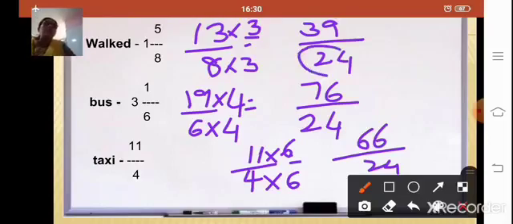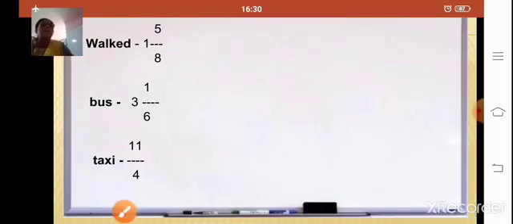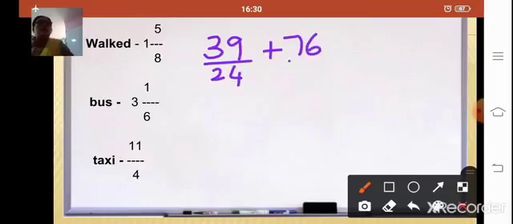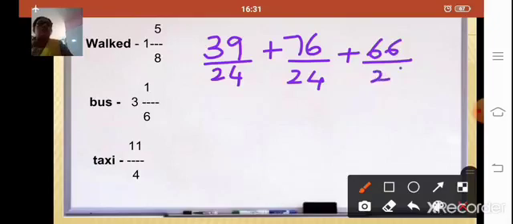Now all the denominators are the same, 24. Now you can add. So what you'll do is 39 upon 24 plus 76 upon 24. And the last fraction was plus 66 upon 24.